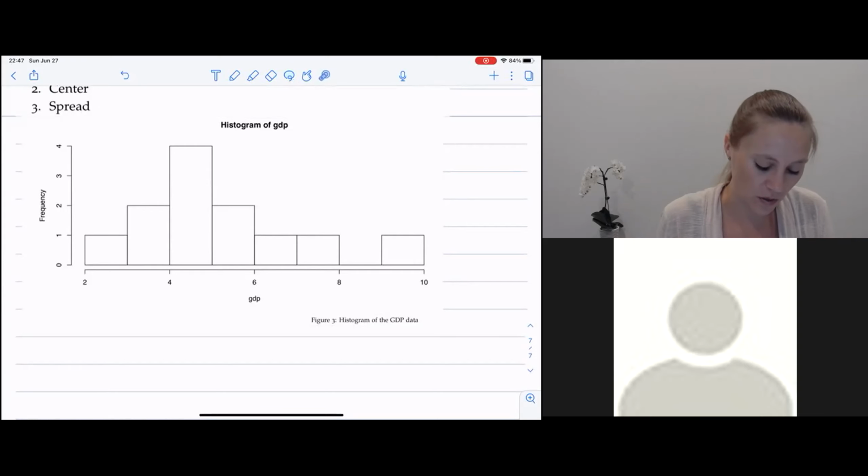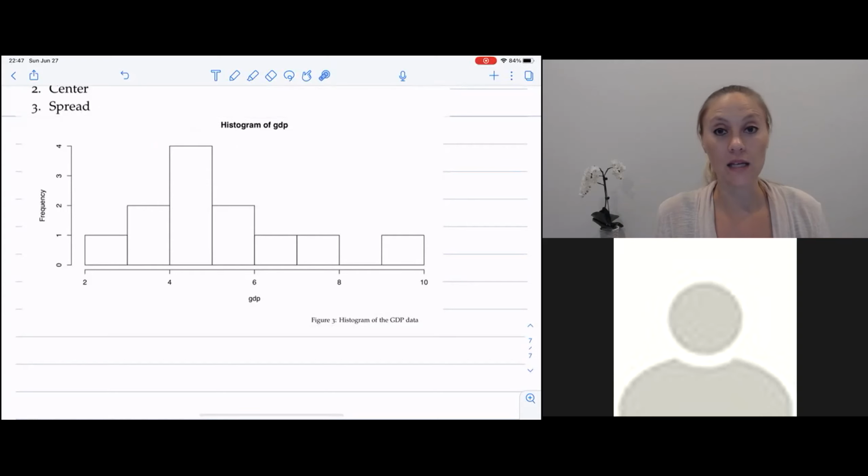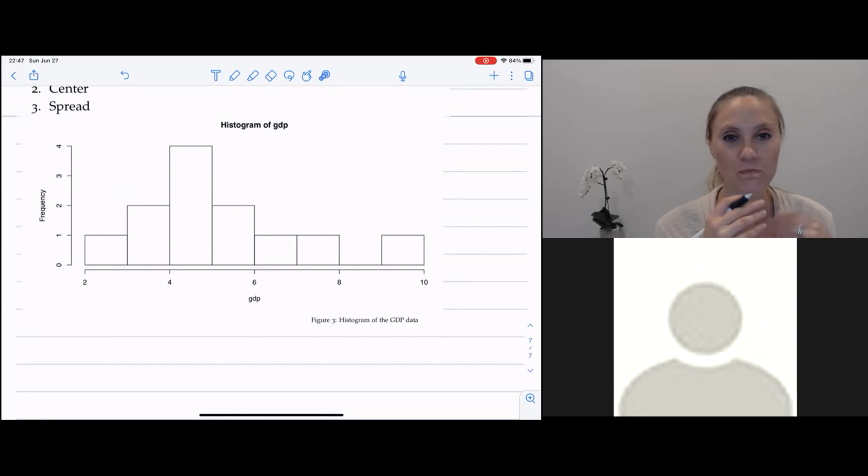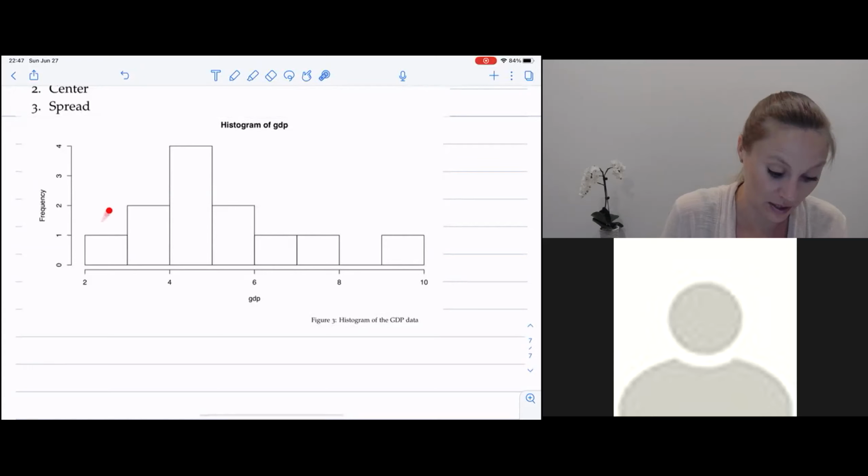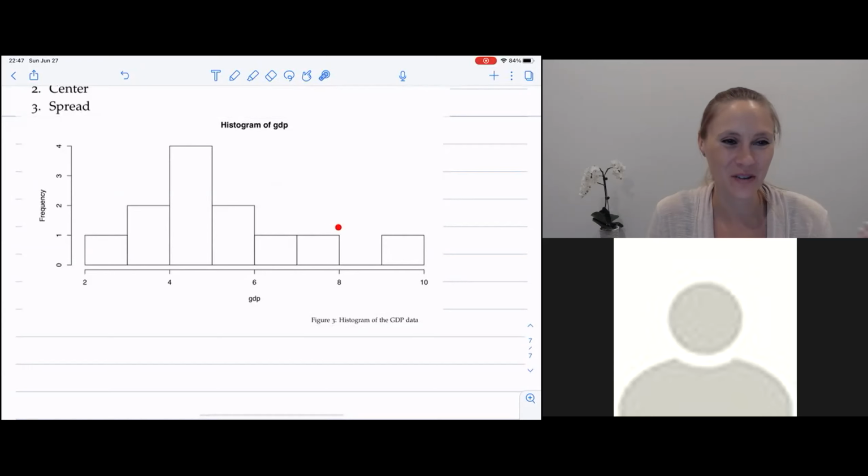So what I do is, even if I have something like this, I can make two valid arguments. I have a really small sample size, so I'm very lenient with the shape. Or I can say, okay, well, it looks approximately normal with the exception of one outlier over here on the upper end, right?